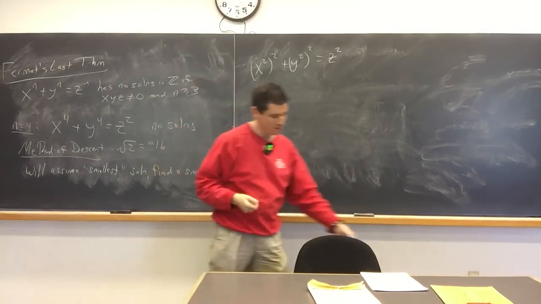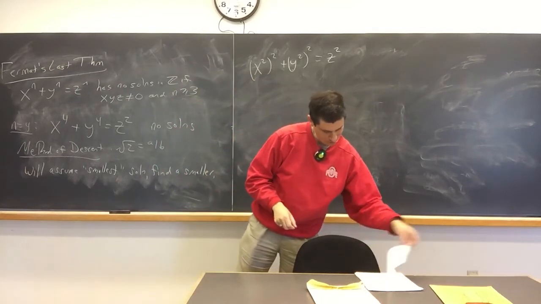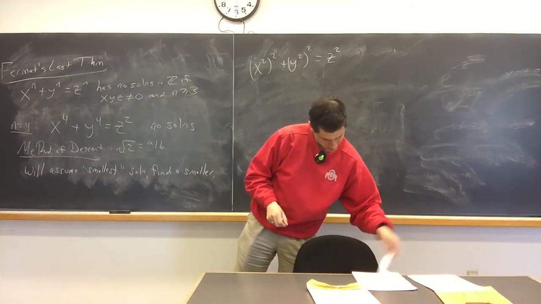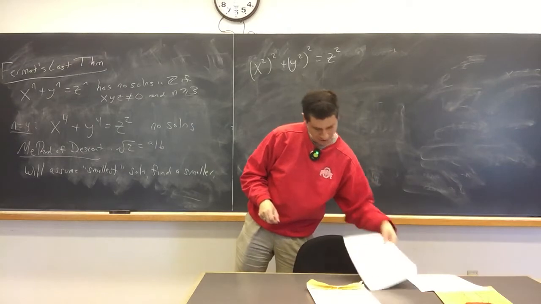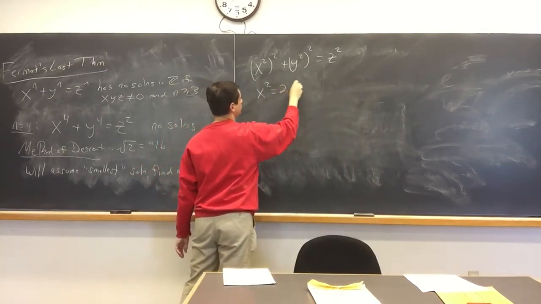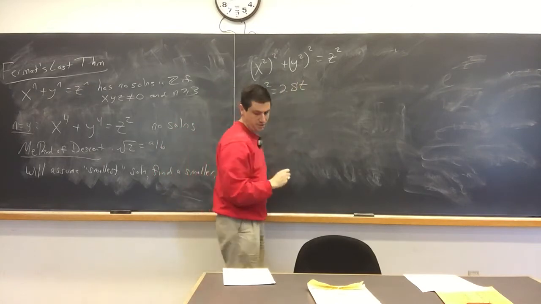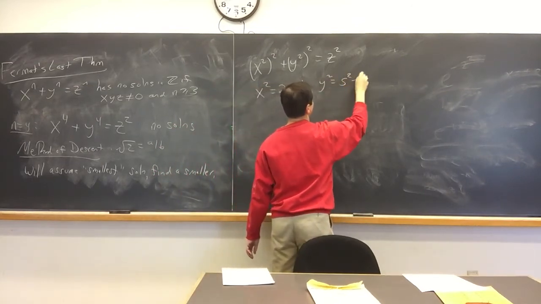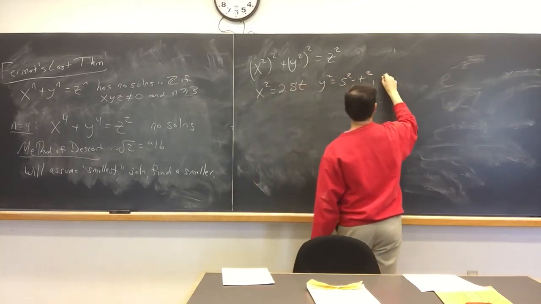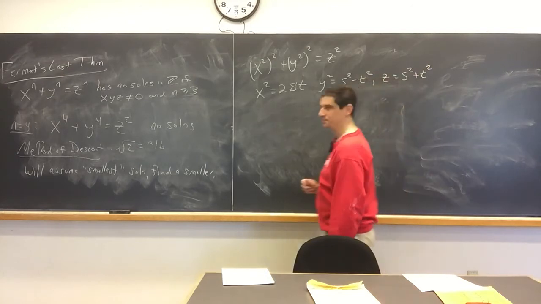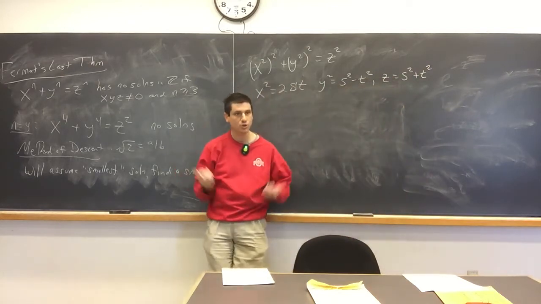We just parametrized the Pythagorean triples. And so I want to use the book's notation. This way, if there's any mistakes in the book, we can alert the author. So we can write x squared as 2st, y squared as s squared minus t squared, and then z as s squared plus t squared. So this is because of the work we did last time.